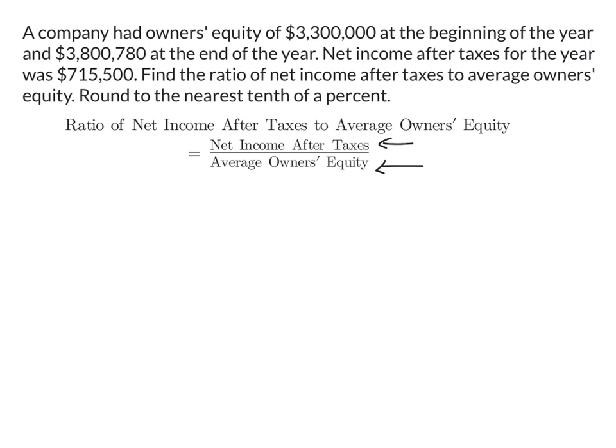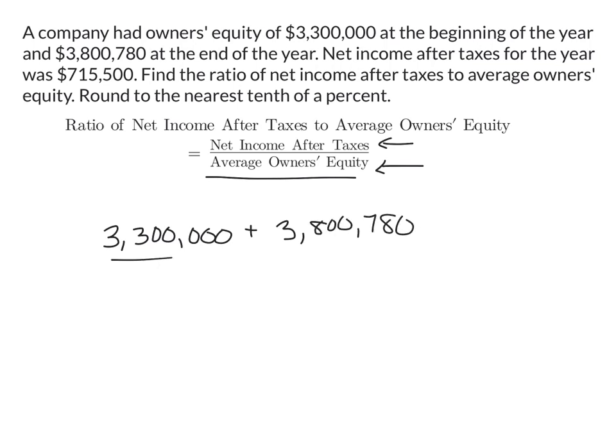To use this formula, we first want to find the average owner's equity. To do that, we're just going to take the owner's equity at the beginning of the year, which was $3,300,000. Then we'll add it to the owner's equity at the end of the year, which was $3,800,780, and then divide by 2.